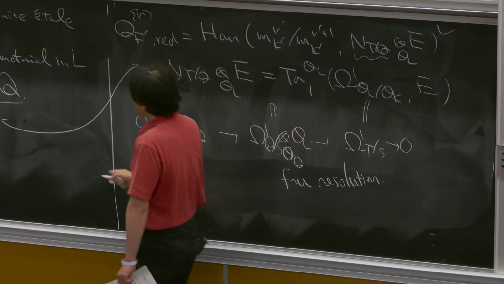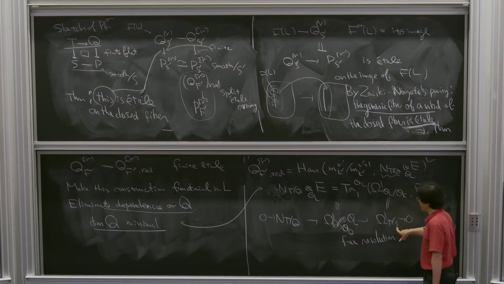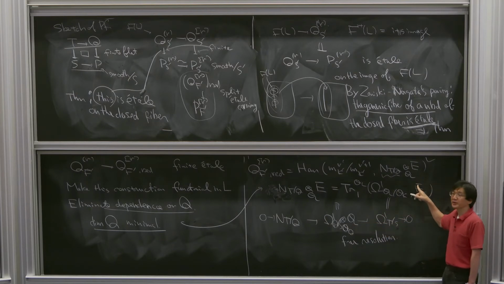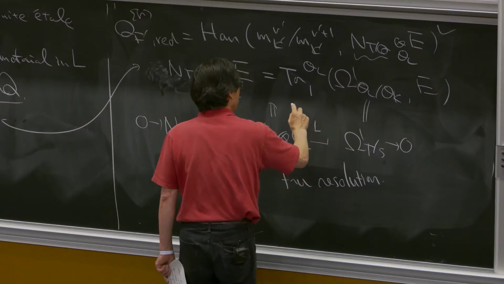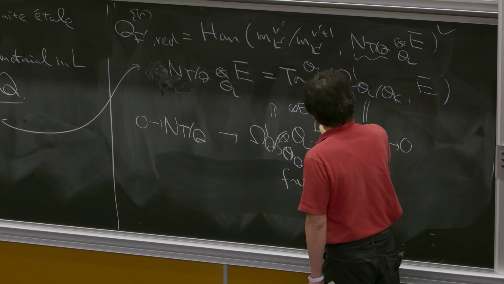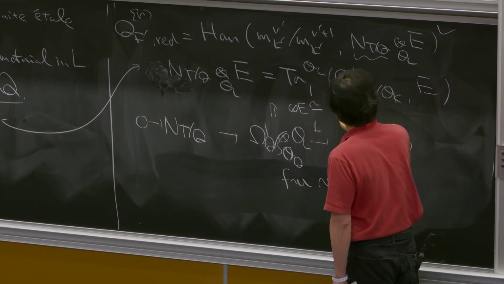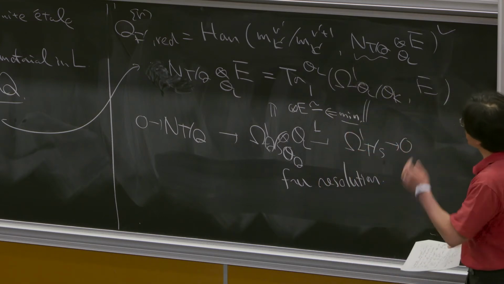And this minimality means that the morphism here induces an isomorphism if we tensor further to E. So we get an isomorphism on tensor over E if we assume this minimality condition.